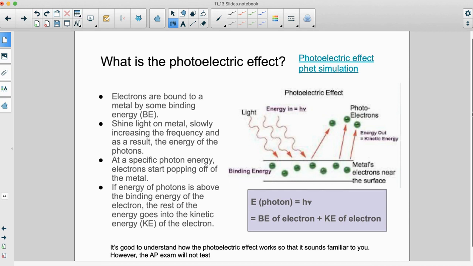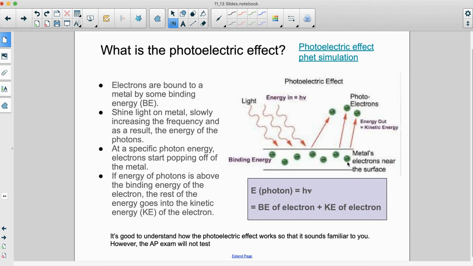So in the photoelectric effect, we have a metal here. A metal has many electrons in our sea of electrons. They are bound to the metal, the positive part of the metal. And when we shine light on this metal and slowly increase the frequency of the light coming in, slowly increase the energy, in the beginning, we don't see anything happening, but at a specific photon energy, all of a sudden we see electrons popping off.